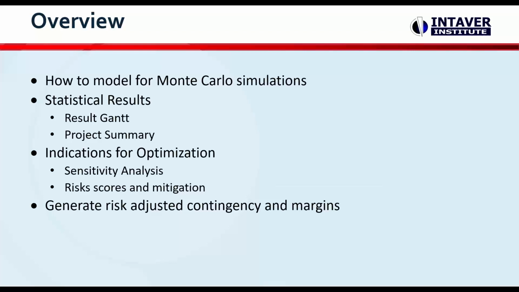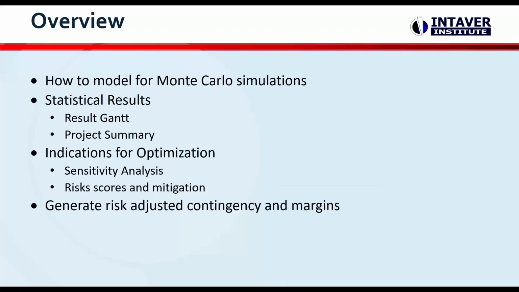And then we'll talk about risk-adjusted contingency and margins. If you've sat in any of these or looked on our website, we talk about this as what we call realistic contingency and margins to protect your project deliverable.